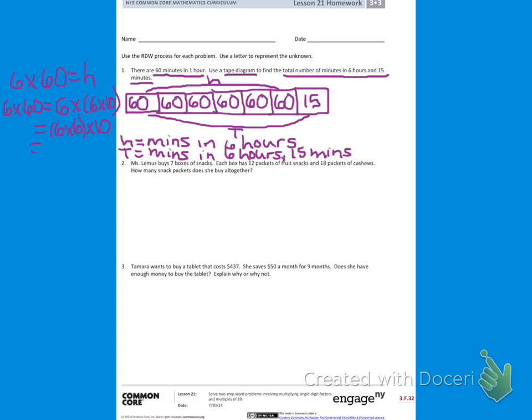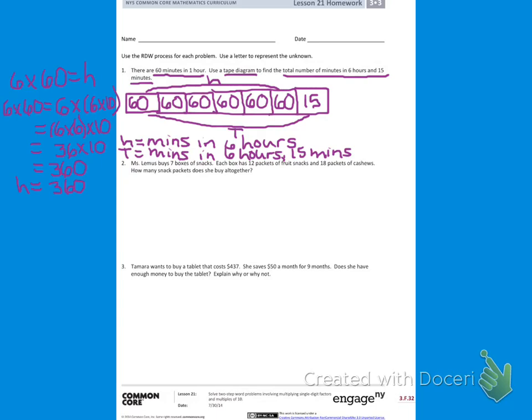Now 6 times 6 is 36, and then we'll multiply that by 10. I know the trick is anything times 10 is simple to do. Just write down that number that you're multiplying by 10 and throw on a 0. So H equals 360.